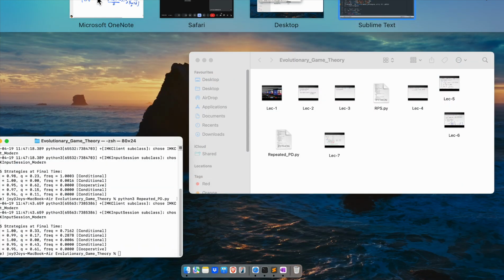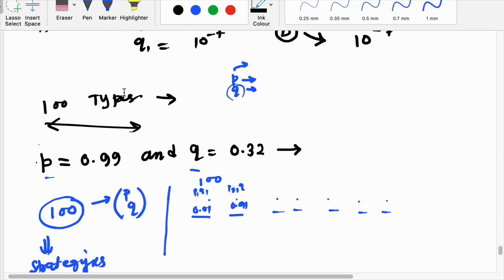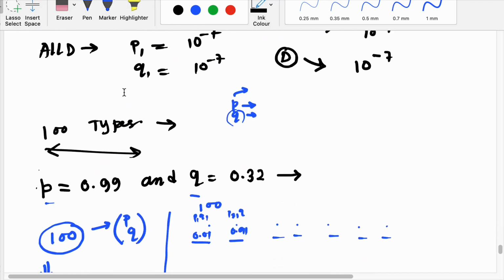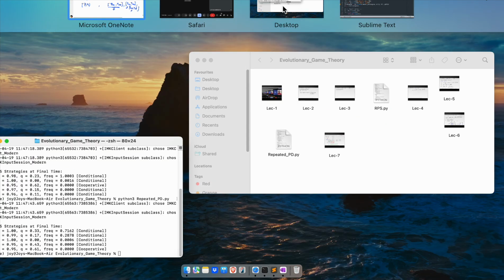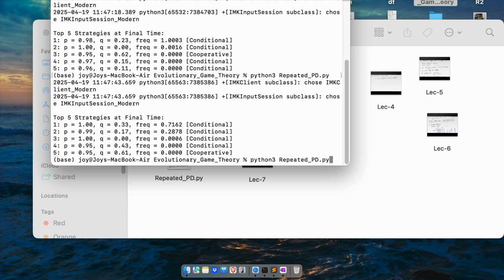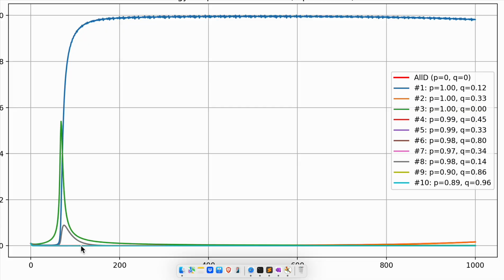Initially in the population all 100 types of individuals are there, playing with 100 types of strategy. Now if I wait long enough, evolution will select only GTFT, and all the individuals will become GTFT. Okay. That is what is present in the code.